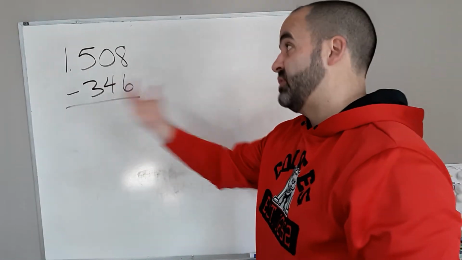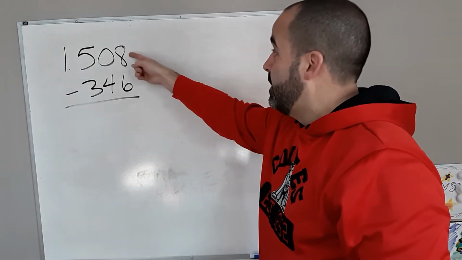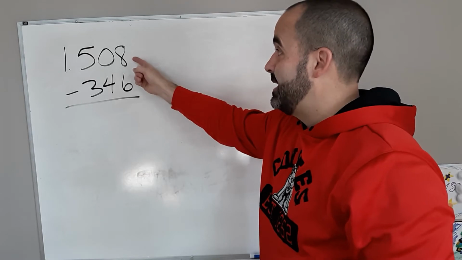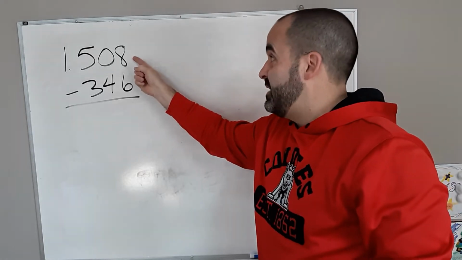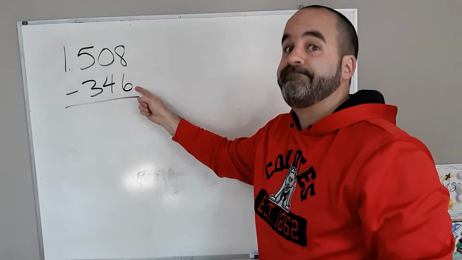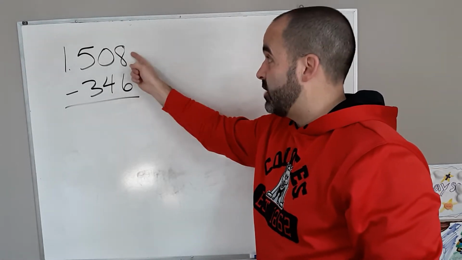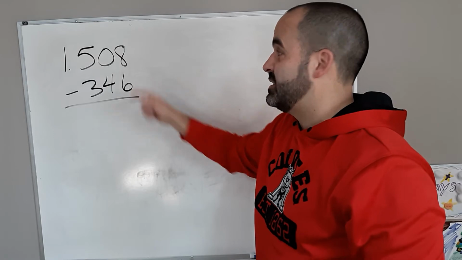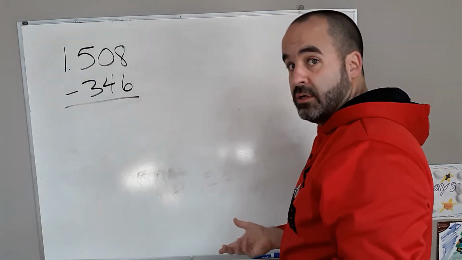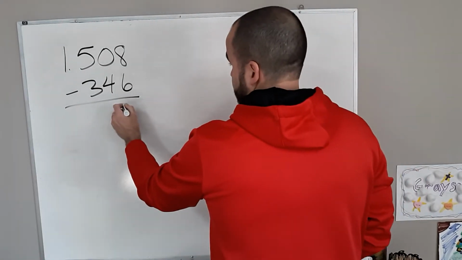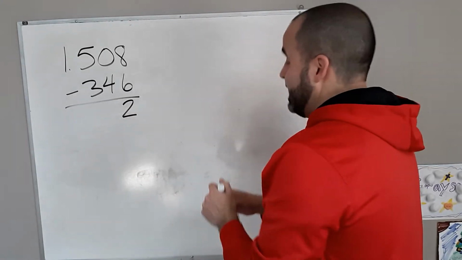So again, let's start as far over to the right as we can. 8 minus 6. Now if I start with 8, is 8 greater than 6? You betcha it is. So do we need to borrow? No. Greater numbers on top, I'm not going to borrow, because 8 minus 6 equals 2. So just put a 2 here, no borrowing needed.